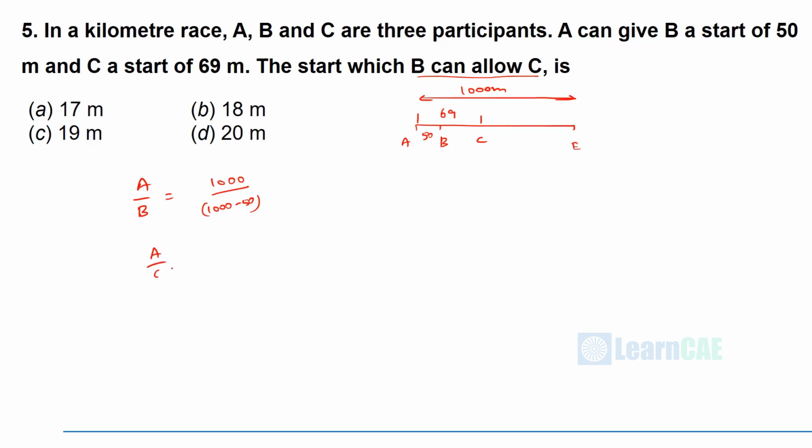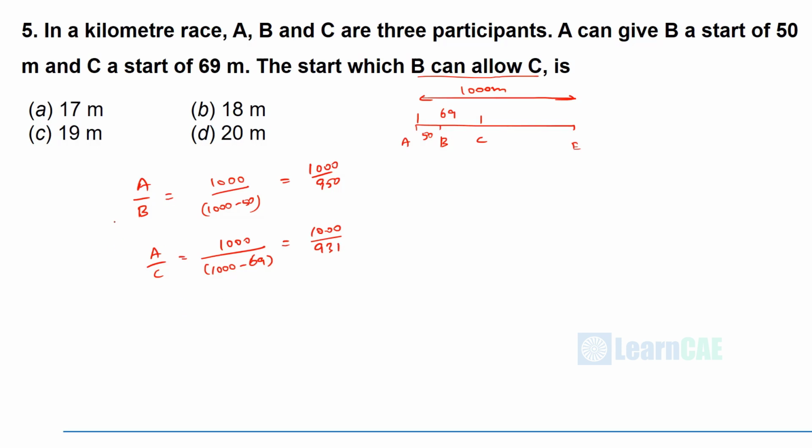Similarly, distance covered by A to distance covered by C is given by 1000 divided by 1000 minus 69. This is equal to 1000 by 950 and this will be equal to 1000 by 931.